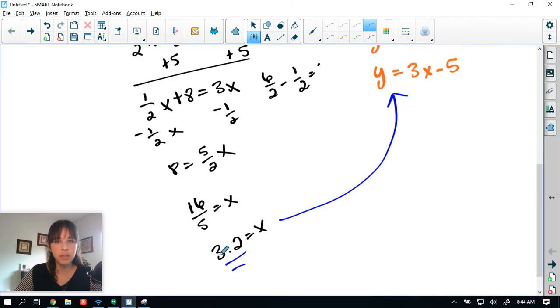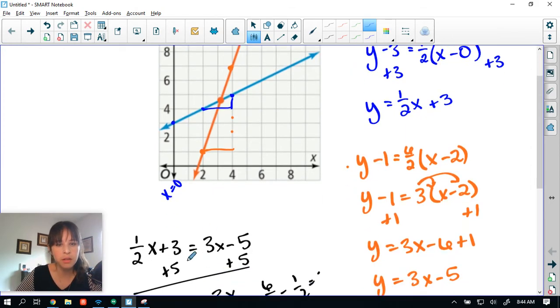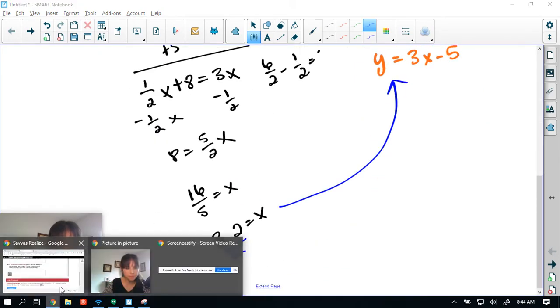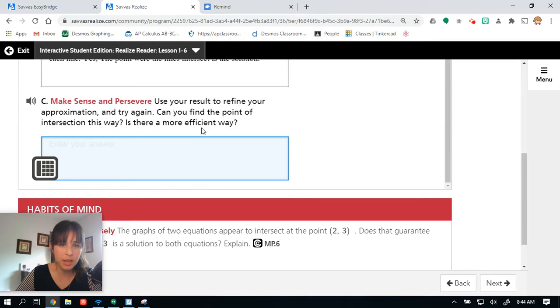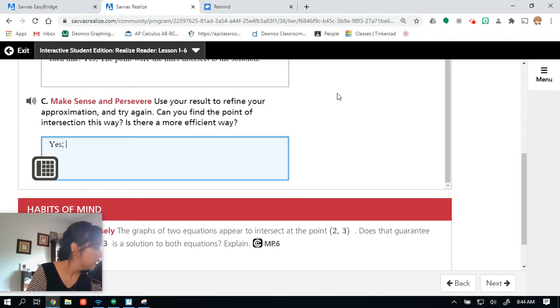But yes, you can do this algebraically. We have not covered algebraically, so don't worry too much at this very moment about this. But this is just an example of how you can do it algebraically. And so this one is, can you find the point of intersection this way? And is there a more efficient way? So the answer here is yes, you can find it. We did find the point of intersection this way.